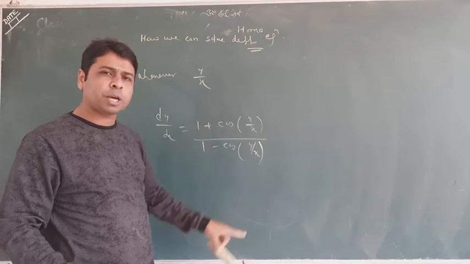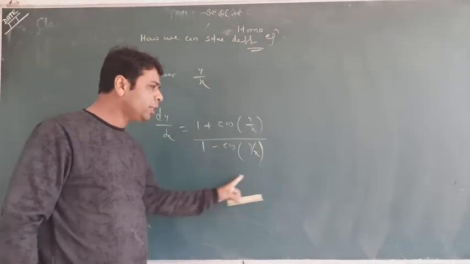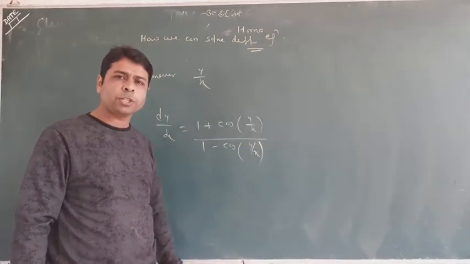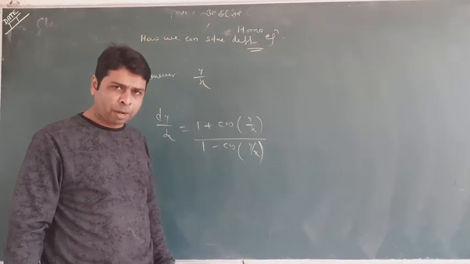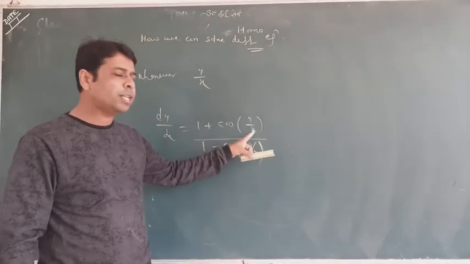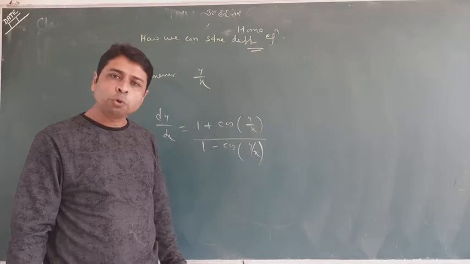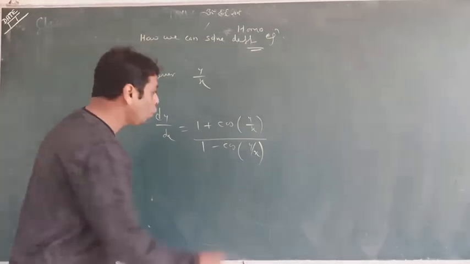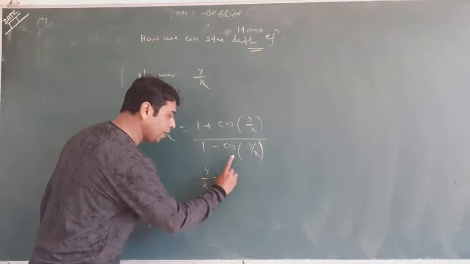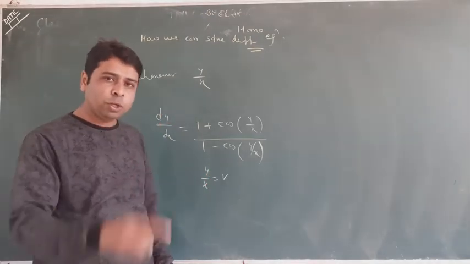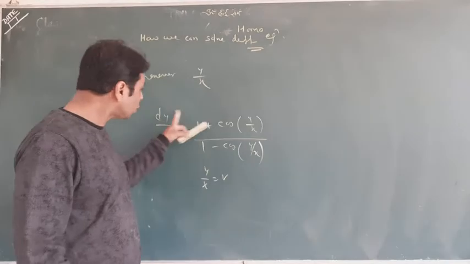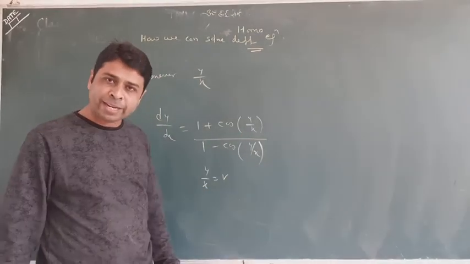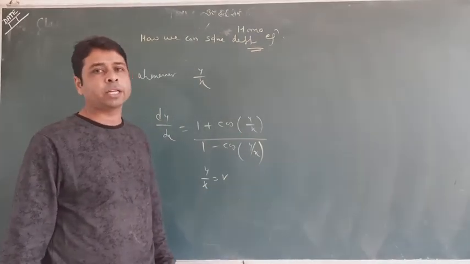Even when it is not looking like a good differential equation which we know, whenever y by x is coming, you do this question by the same method which I explained. You take y by x equal to v, y equal to vx, do differentiation with respect to x, turn the whole equation into v and x, do the variable separable method and get the answer.